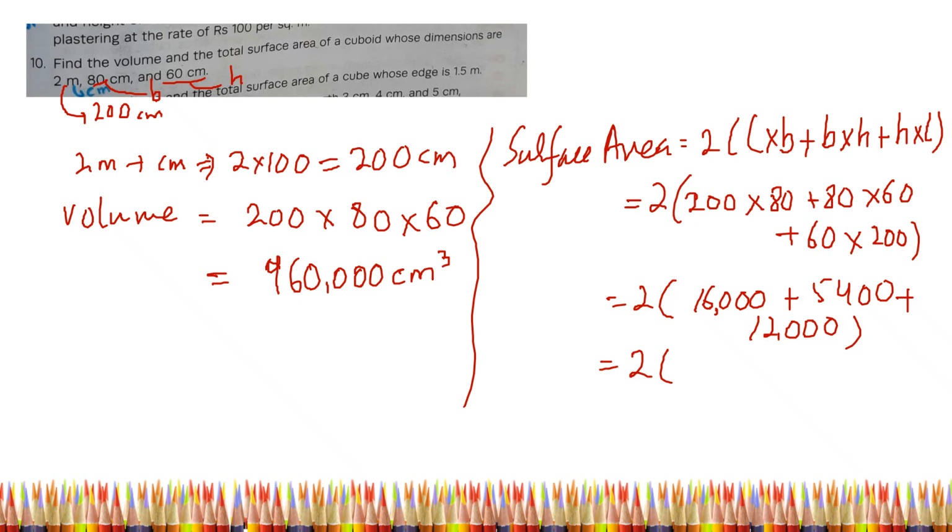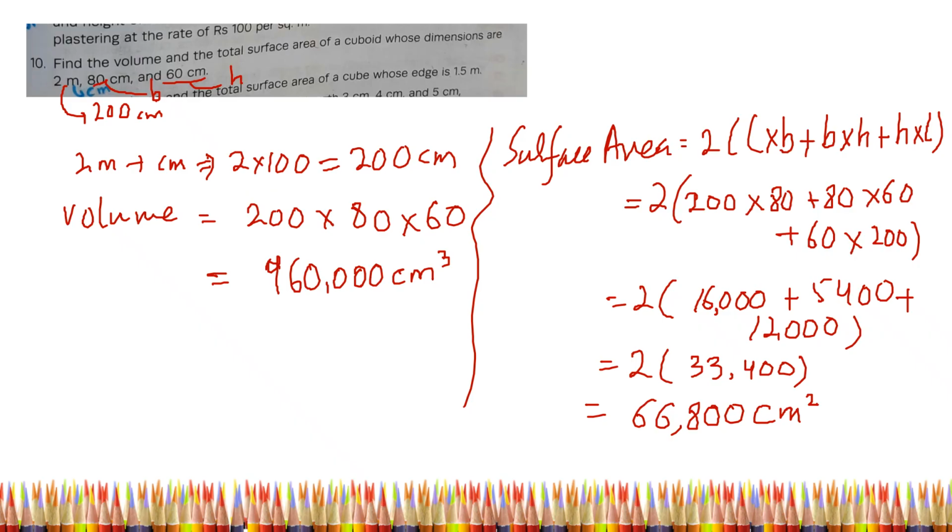That is 16,000 plus 4,800 and plus 12,000, and this will give us 33,400. And when you multiply this number with 2, you will get 66,800, right? So the unit is centimeter square.